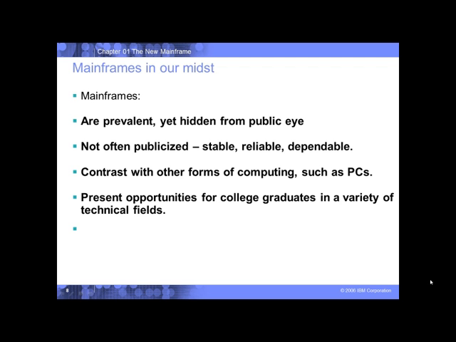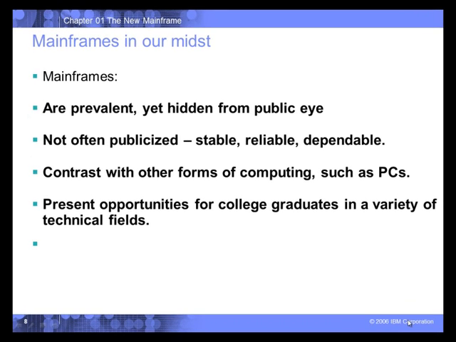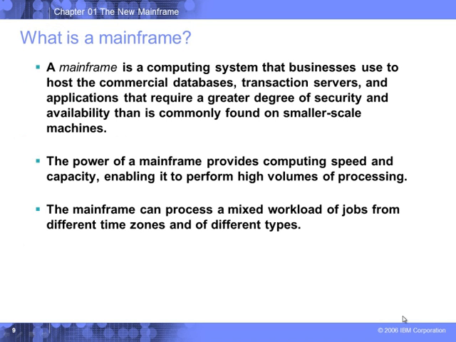They're different from other forms of computing like PCs or smartphones, etc. But they have a lot of opportunities for college students like yourselves in terms of very, very well paying employment. So what is a mainframe? Well, basically for the purposes of this class, a mainframe is a system that handles a lot of users and processes a lot of jobs, essentially.